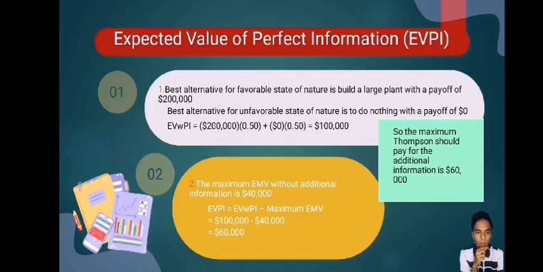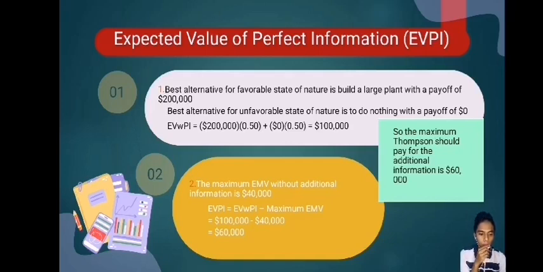Then the answer is 40,000. Last, the expected monetary value when we do nothing is equal to 0.5 times 0 plus 0.5 times 0. Then the answer is 0. As you can see in the example, the alternative small plant has the highest expected monetary value.